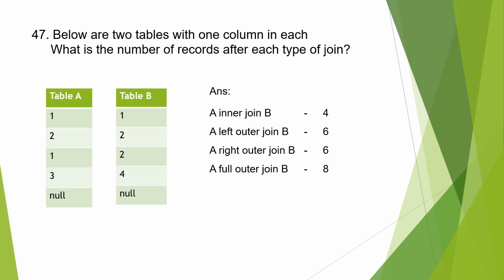For full outer join, 6 plus 2, that is 4 plus 2 plus 2. How many records will come? 8. That means 1 1 1 1 2 2 2 2, 4, 5, 6, 7, 8. So you can easily tell, no need to take much time. But remember carefully, null never matches to a null.